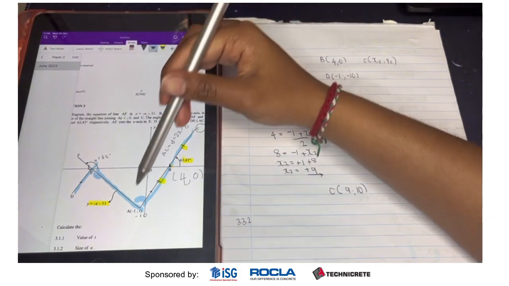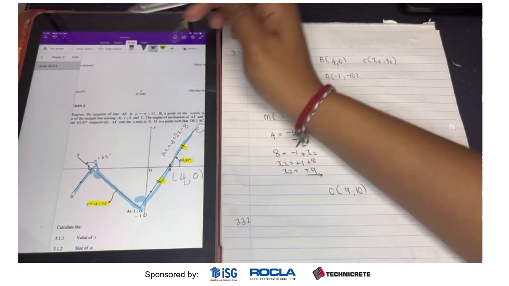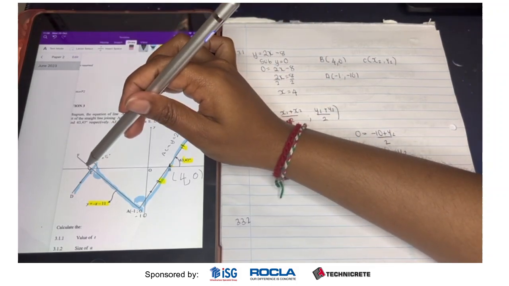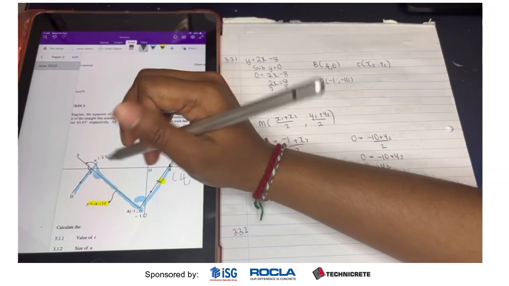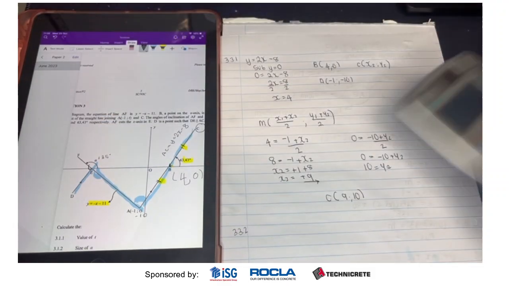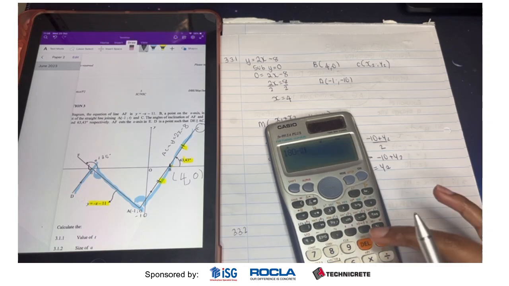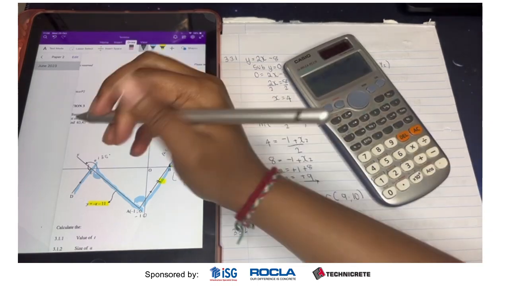So let's first see how we can find this angle. What angles have we been given? We've calculated 135. This is a straight line. So 180 minus 135, this is going to be 45.